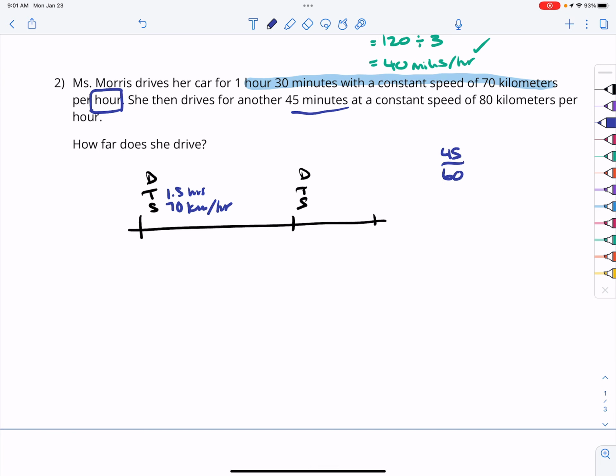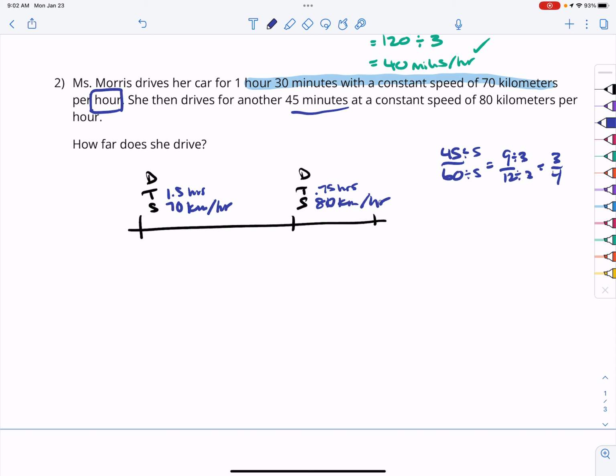I know this can be divided by 5. This can be divided by 5. And 45 divided by 5 is 9. So I can divide by 3 again. Okay, so 3/4. So that's 3/4 of an hour, or 0.75 hours, at a speed of 80 kilometers per hour.